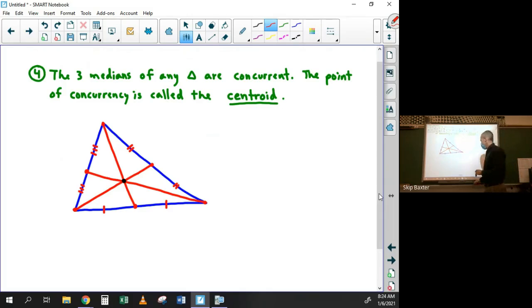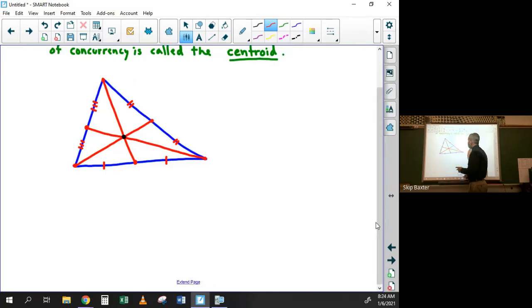And the centroid actually has two cool properties to make up for the ugly brother orthocenter. So here are the facts about the centroid.